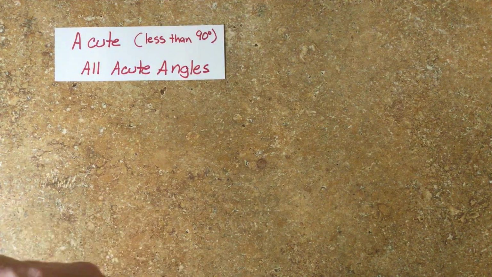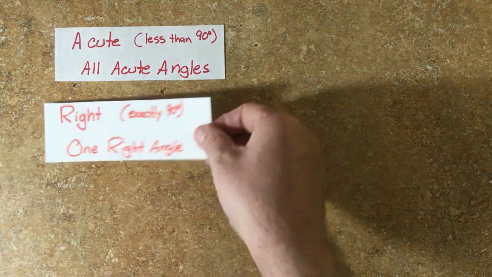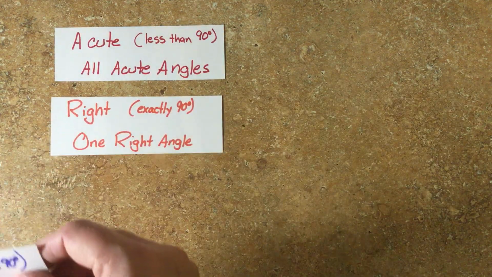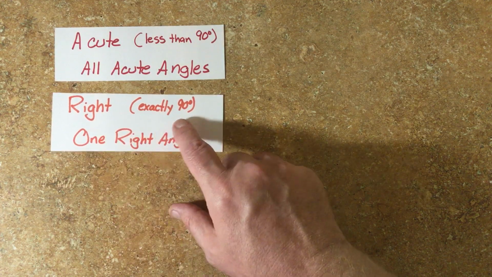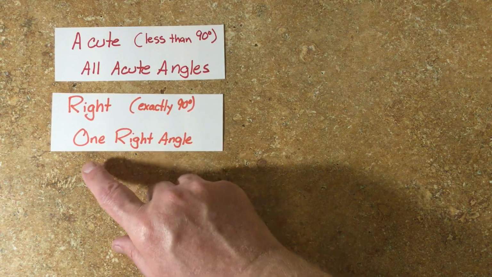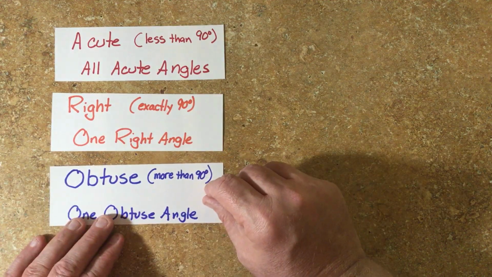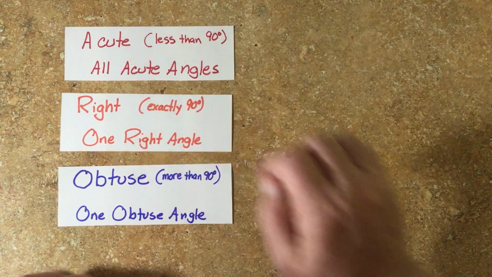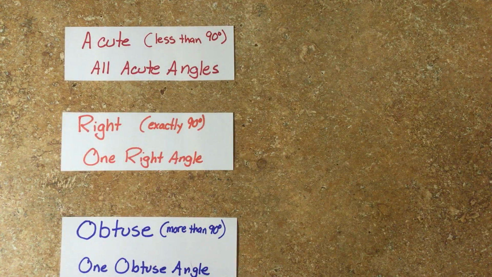The next would be right, and we know that a right angle is exactly 90 degrees, and so we really have one right angle. And the third classification would be obtuse. So I'm going to go ahead and spread those out.